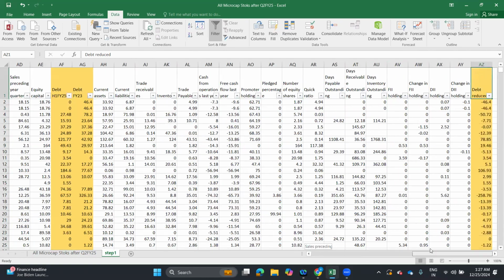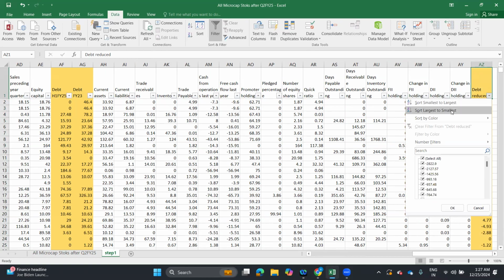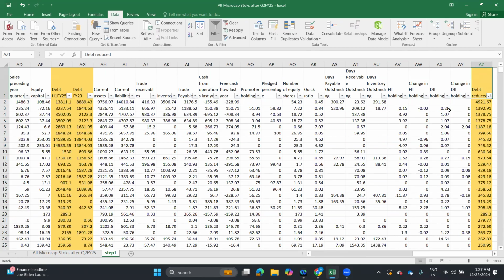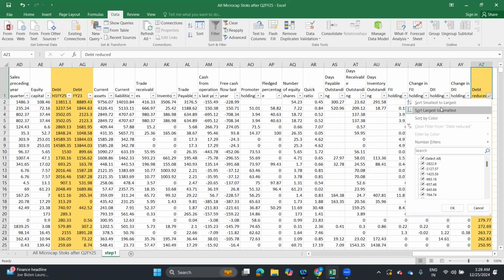Not considering any other parameter, debt reduced. Now, largest to smallest. Let me check which companies have really reduced debt significantly. Who is this guy? From 1300, 13,000. Oh, sorry, they have increased debt. No, I made it wrong.